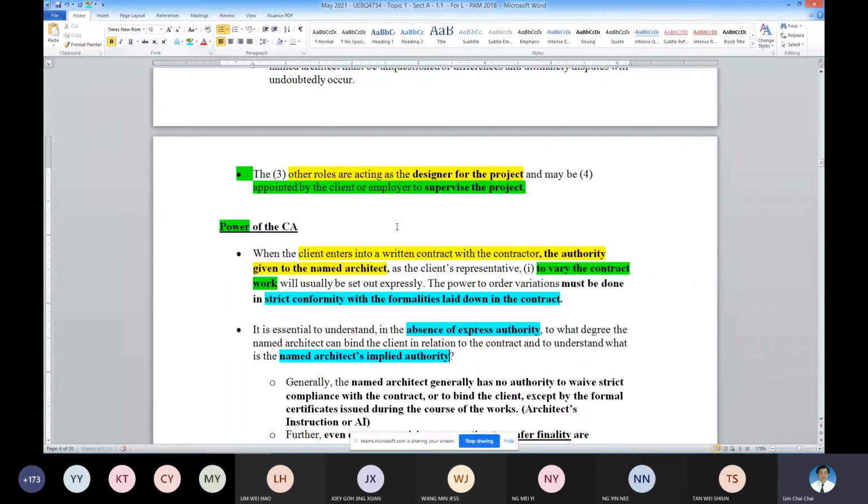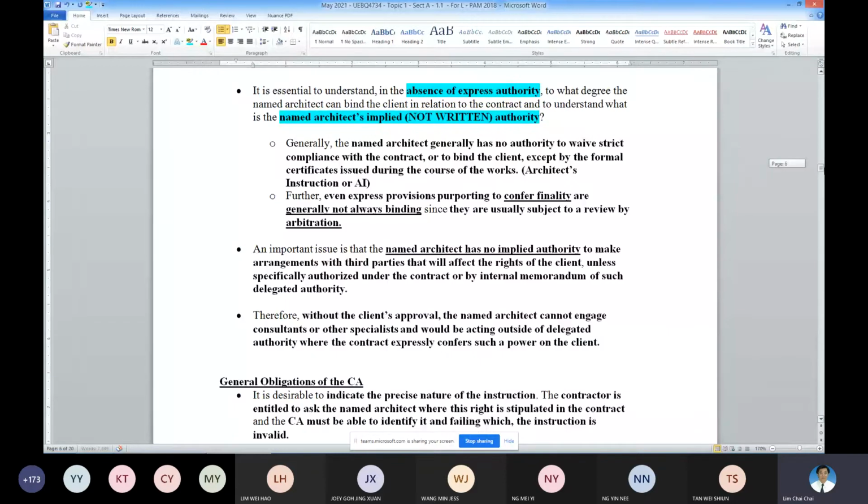Implied is not written. Okay. So express is written. Absence of express means not written.